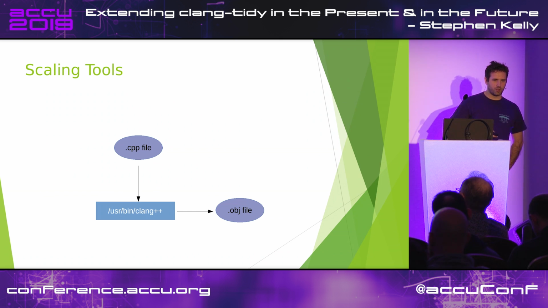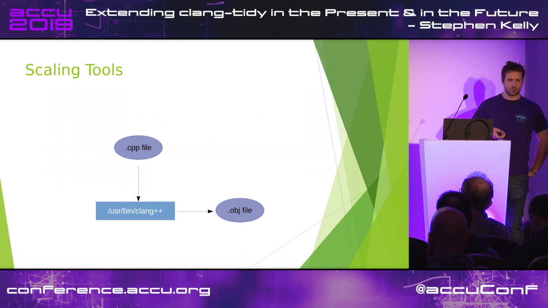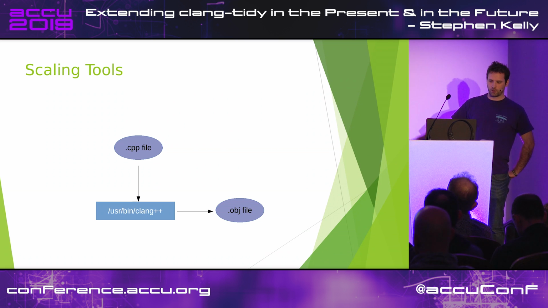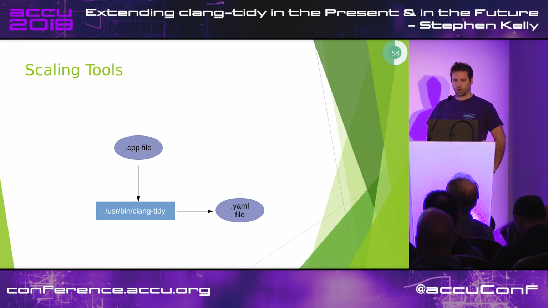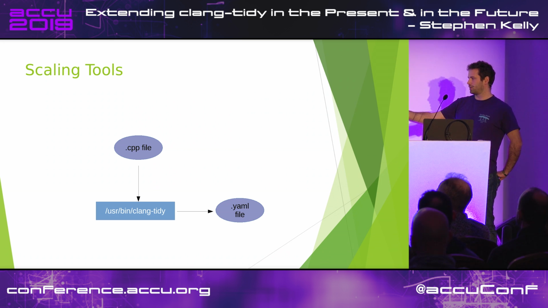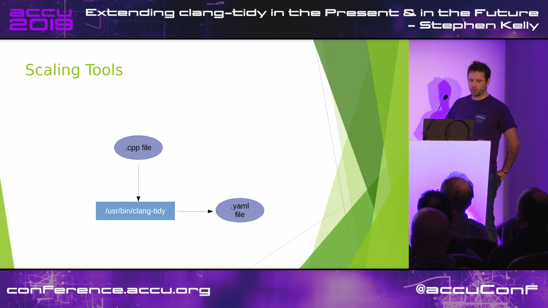So while I was doing this, I sort of noticed that if I use a compiler to compile some C++, I put my C++ file into the compiler, and it spits out some object file. When I'm using clang-tidy, I put my C++ file into clang-tidy, and it spits out a YAML file for this database.